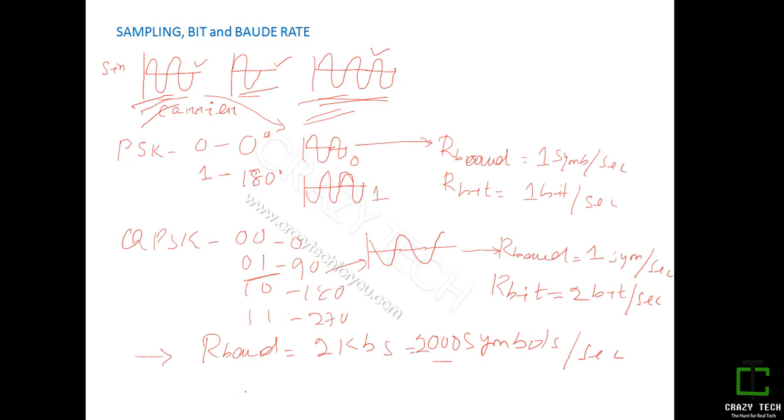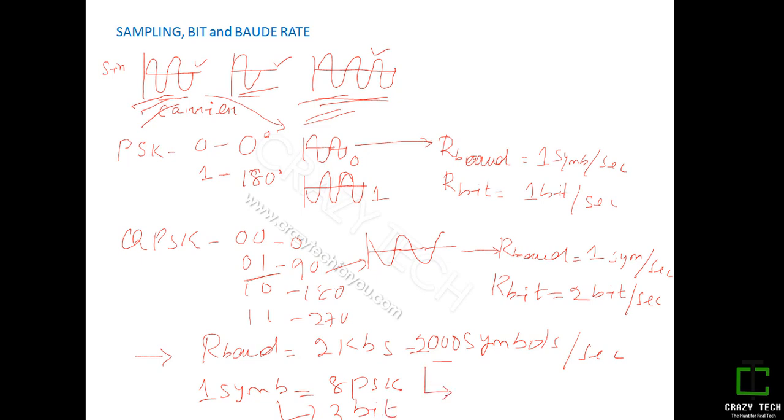So if I ask you what is the bit rate, you should ask me first what is the modulation technique. Is it PSK, QPSK, 8 PSK, 16 ASK, or what is that? My point is that I need to confirm how many bits I am going to send in one symbol. If it is 8 PSK, one symbol contains 3 bits.